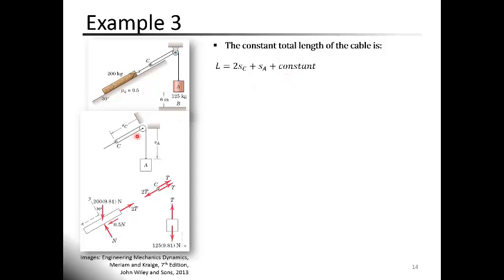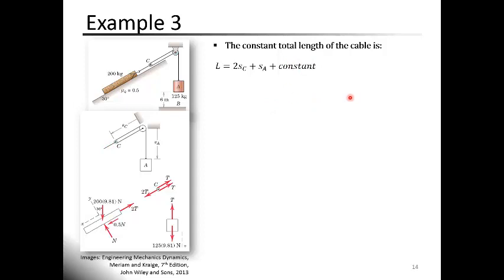This constant comes from the rest of the cable that we didn't account for, for example the length that goes around the pulley, and so on. So we call it a constant.